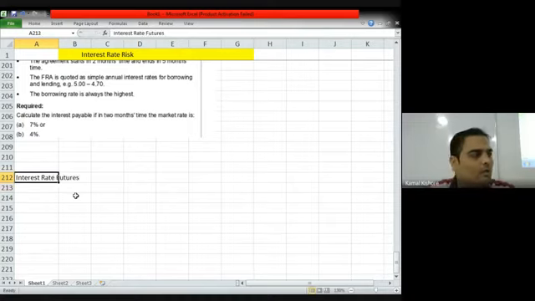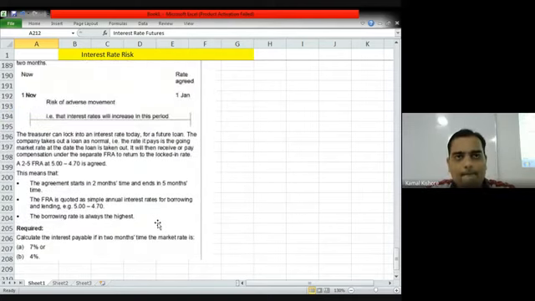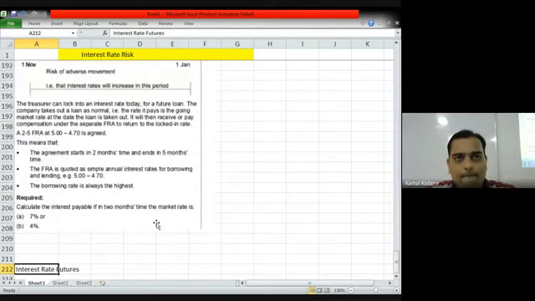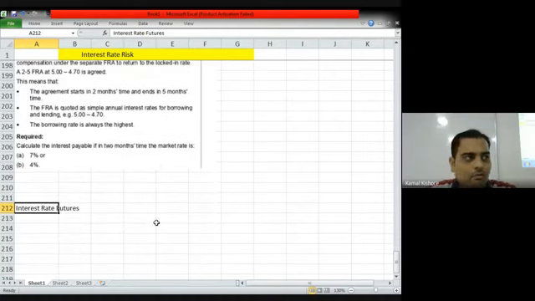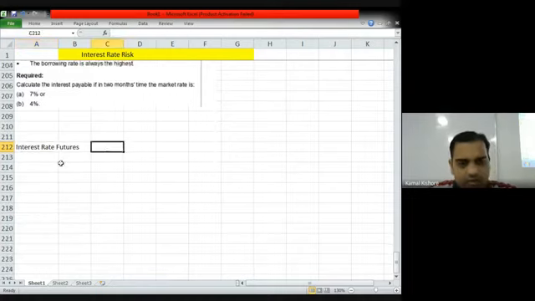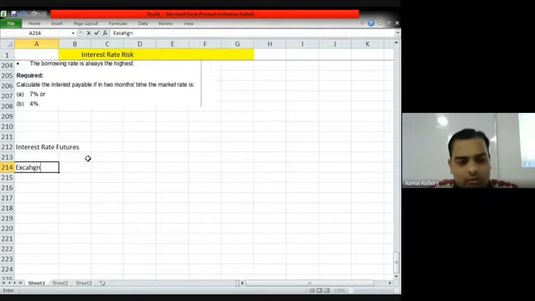Now what is the difference between forward and futures? Similar to forwards, it's just that futures are exchange traded.